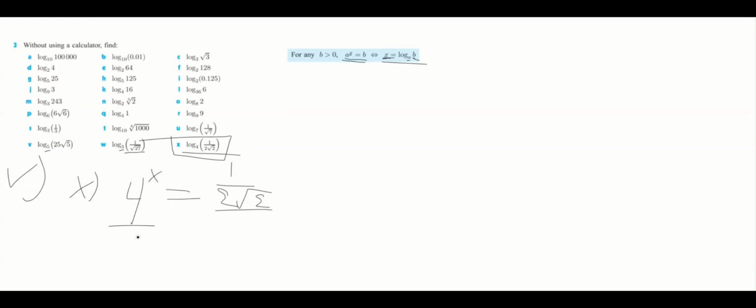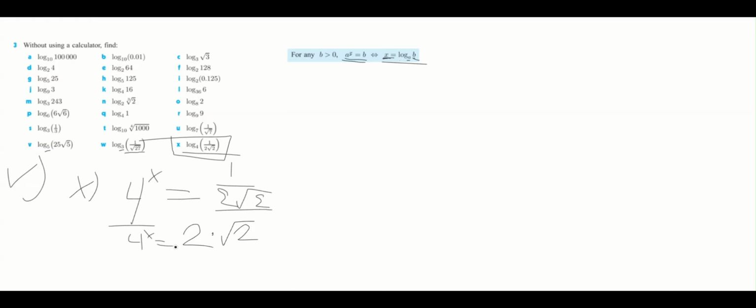So it'll be 4 to the power of x equals 2 times root 2. That's like a multiplication.